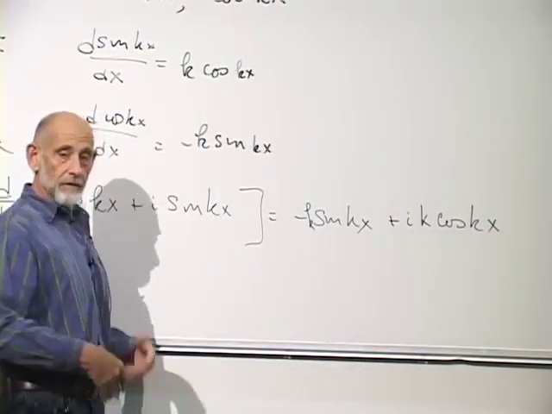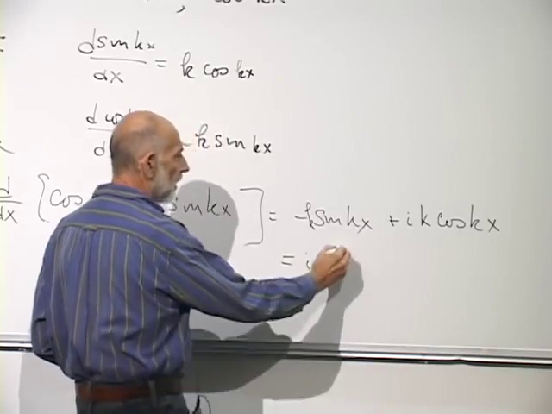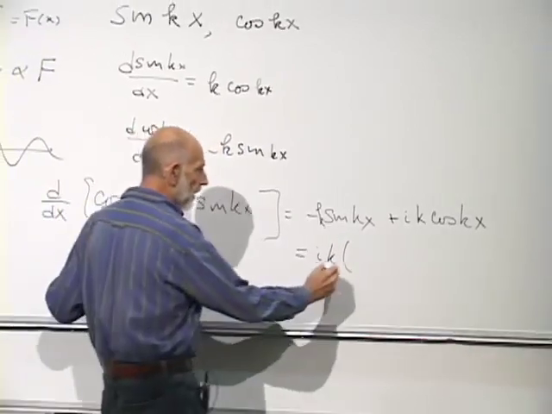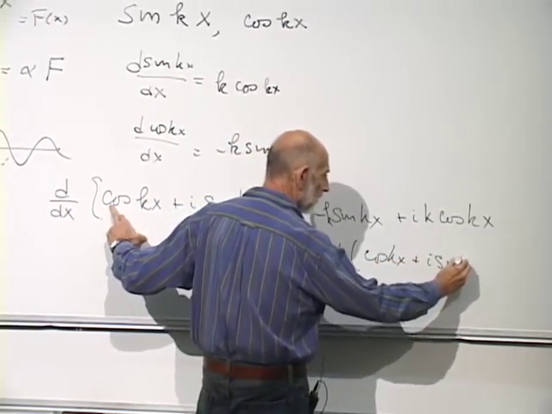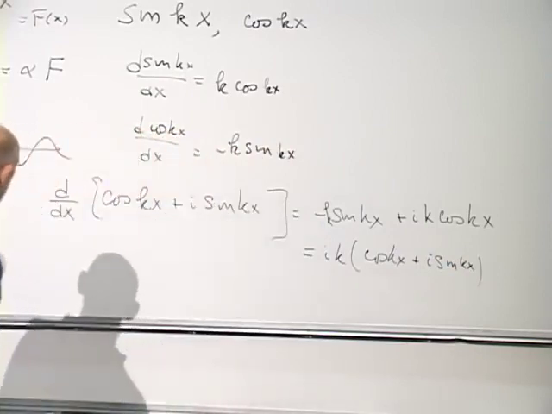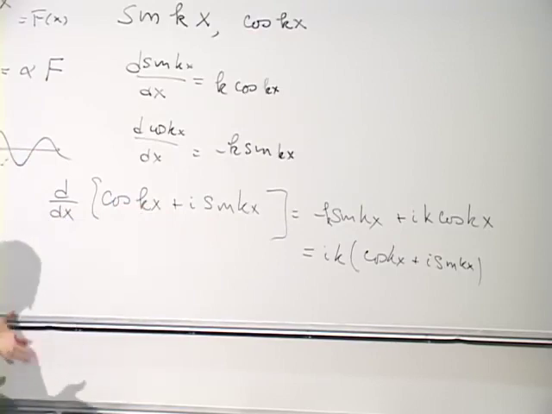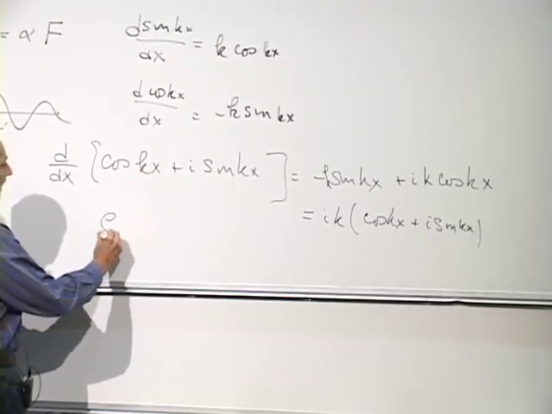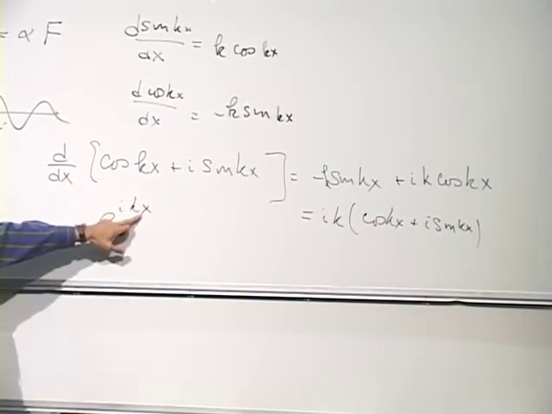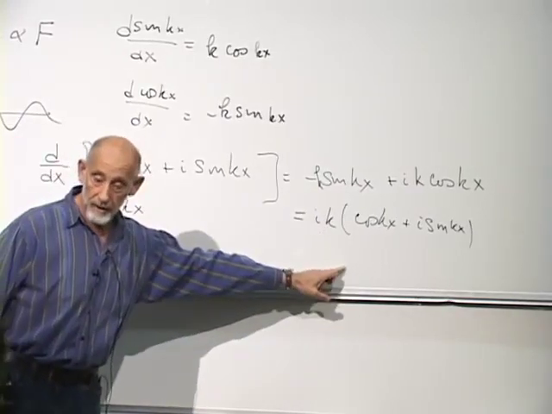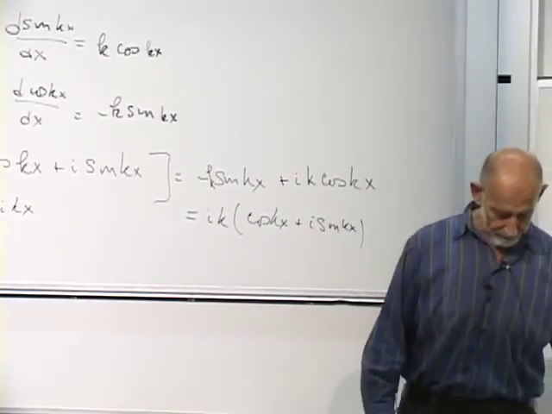Just spend a couple of minutes doing the algebra: i times k times the original thing back again, cosine kx plus i sine kx. In other words, to make a long story short, cosine kx plus i sine kx is the function e to the ikx. When you differentiate it with respect to x, you get ik times the same thing. All right, so that's an important mathematical fact that comes up over and over again.